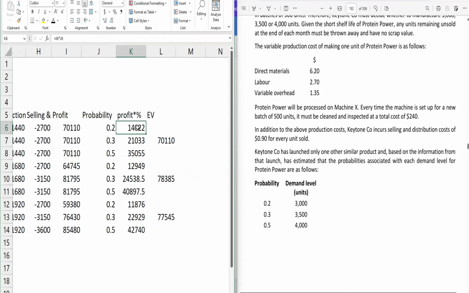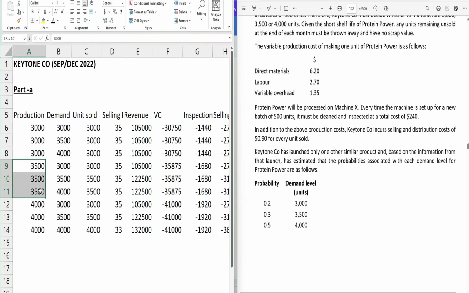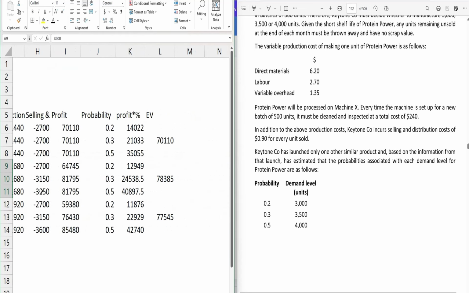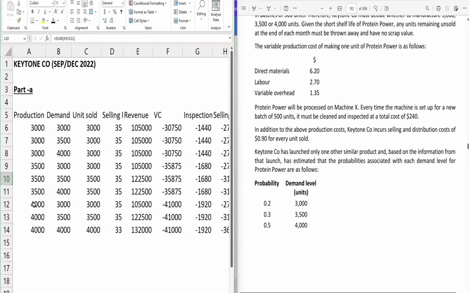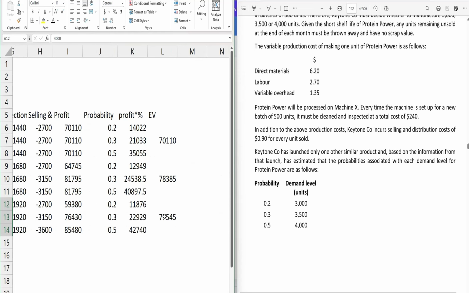So I have just added these three figures, and this gives me an expected value of 70,110. Similarly, for the production unit 3500 at different demand, I have just added these three values here, so that gives me the expected value of 78,385. And then we have a 4000 production, so adding up gives the expected value of 77,545.